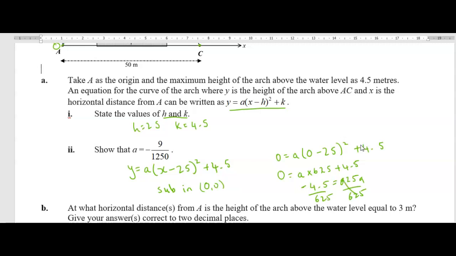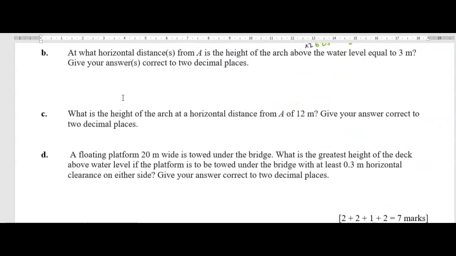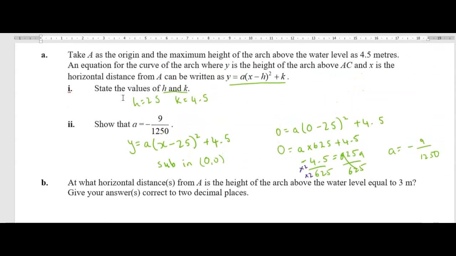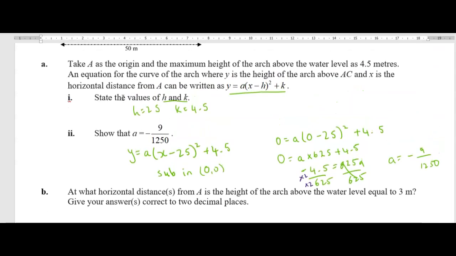We shouldn't have a decimal in a fraction, so basically what has happened here is we've multiplied the numerator by 2 and the denominator by 2. So A is equal to negative 9 on 1250. Now, on your calculator, and I assume this question is worth 2 marks, which it is, we can do this on the calculator, but you need to show this.